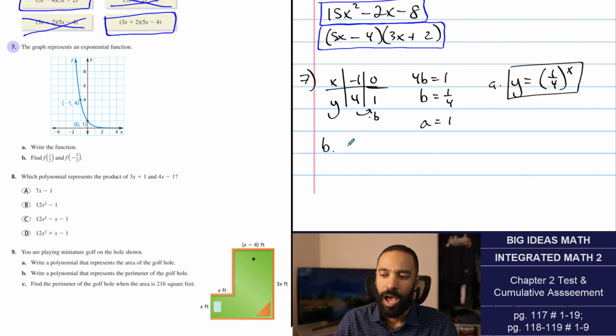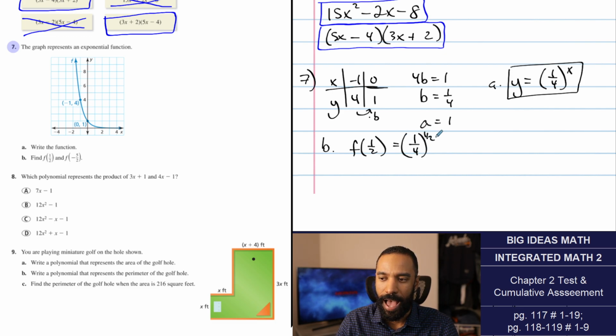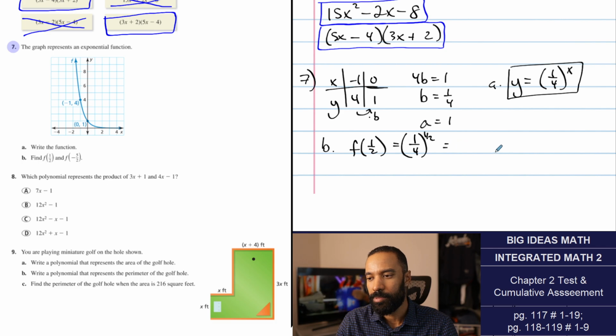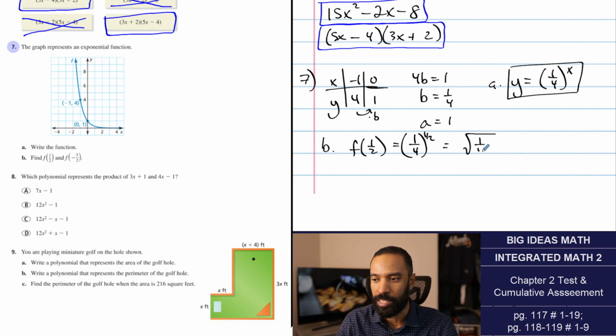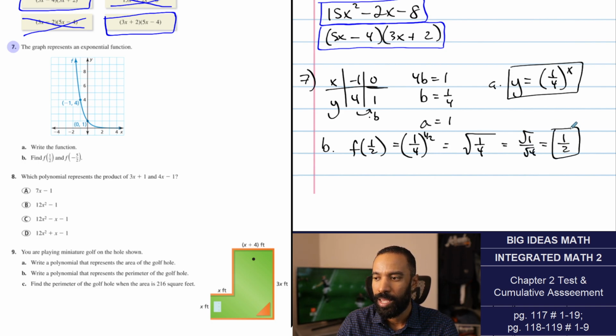1.5, excuse me. F of 1/2, we are going to do 1/4 to the 1/2 power. Now, raising something to the 1/2 power also means taking the square root of it. And the square root of 1/4 is the square root of 1 over the square root of 4, which is 1/2.